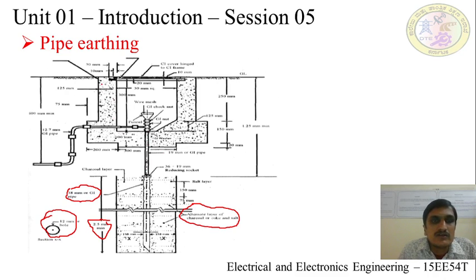At the ground level we construct masonry work, that is a rectangular earth pit constructed with brick or concrete, having a GI pipe for the earth conductor.